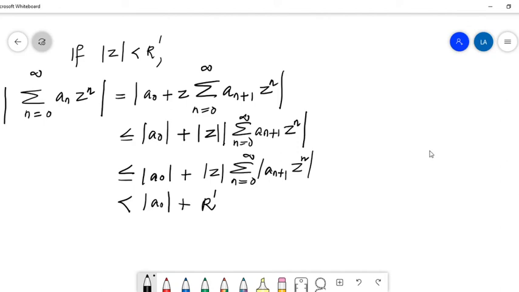See, we just saw that r dash is the radius of convergence of summation n is equal to 0 to infinity a n plus 1 into z raised to n. So this was the radius of convergence of this series. But here the series has a modulus function.